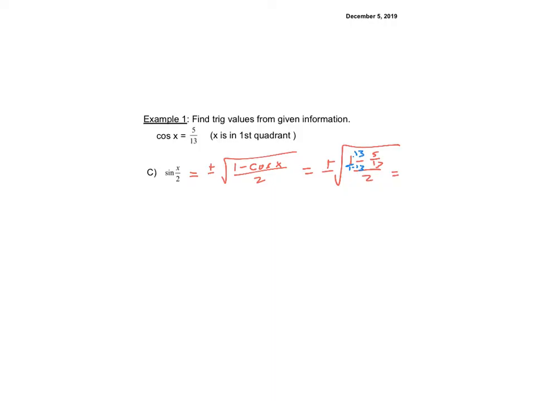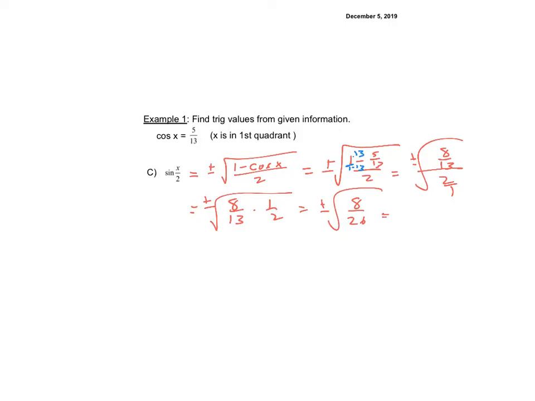So we get 13 minus 5, which is 8, 13ths divided by 2. So let's take 8/13 and multiply by the reciprocal of what's in the denominator, which is 1/2. So we get 8/26.